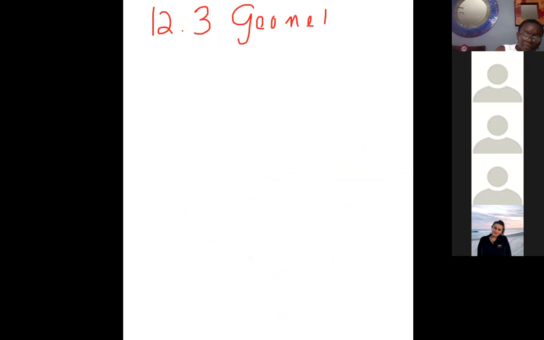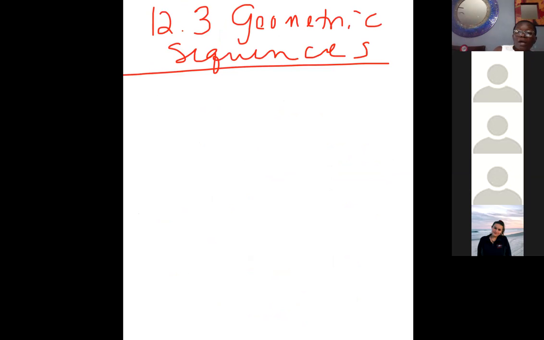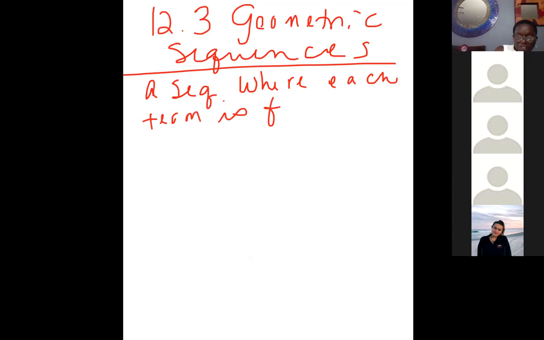geometric sequences. Okay. When we talk about a geometric sequence, remember, this is a sequence, and a sequence is the same thing as a pattern, where each term is found. Okay, we just finished arithmetic. Arithmetic has to do with addition. Now we're into geometric sequences. The geometric sequences have to do with multiplication.